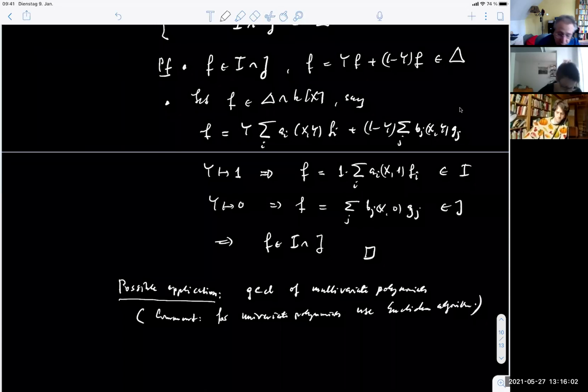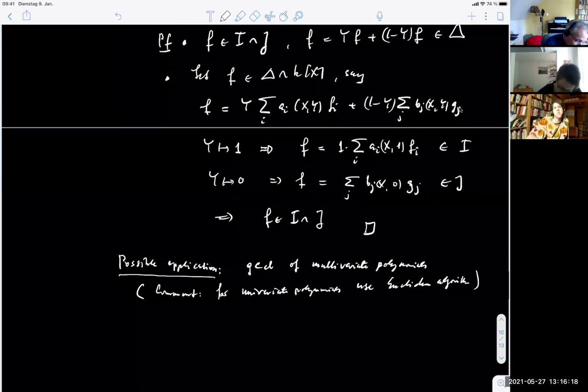But now, if you have several variables, what can we do? Now I'm going to explain to you that in principle, we have a method. Okay, and how is that? By intersection of ideals. So let's assume I have two polynomials, f and g, in n variables.